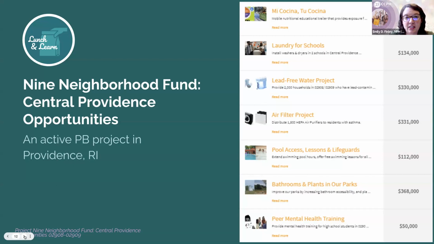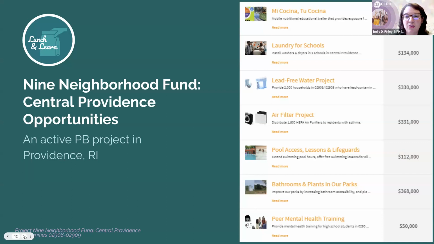Community members in designated zip codes will vote on community developed project proposals to use $1 million in public health funds. So the graphic on the right is a screenshot from their website that shows examples of the actual proposed projects. So that includes a community kitchen, lead-free water project, air filtration project, peer mental health training, community pool access.